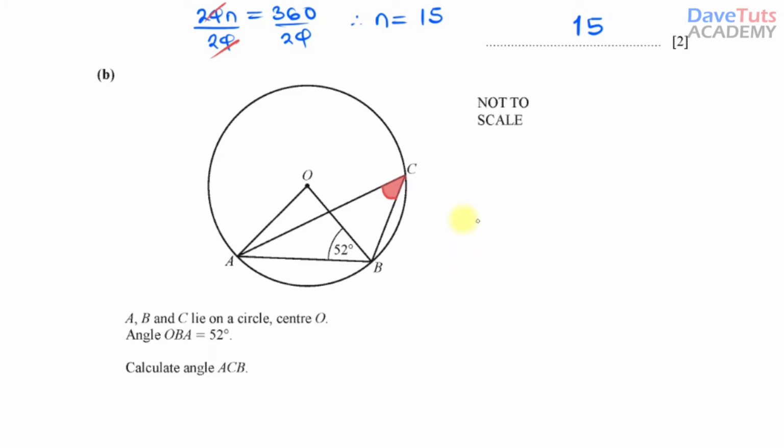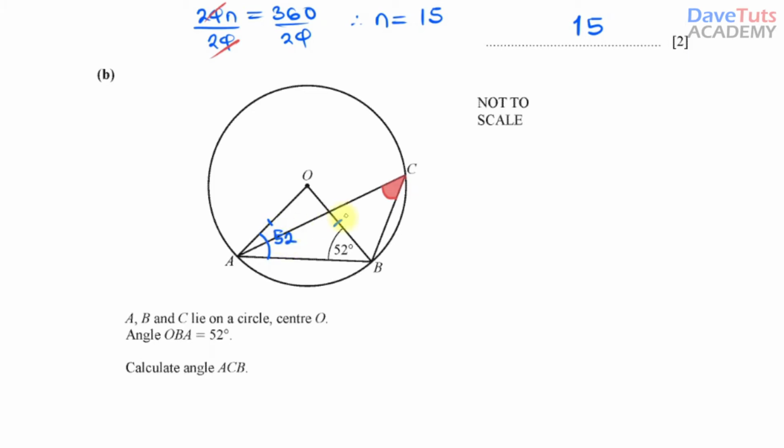And looking at what we have, we can see that this AO and OB constitute the radii of the particular circle we are looking at here. So this is from the circumference to the center. This is also from the circumference to the center. So this triangle AOB is an isosceles triangle in which the base angles are equal. So this is also going to be 52 degrees.